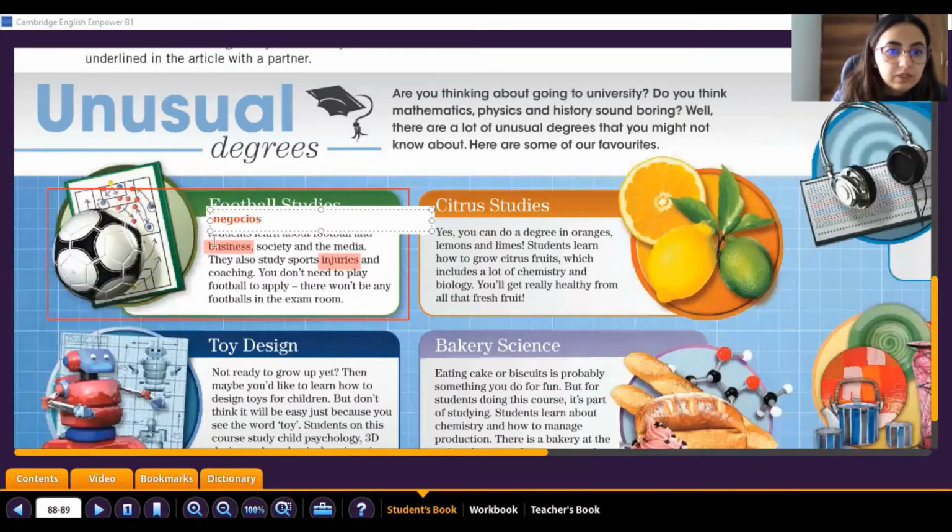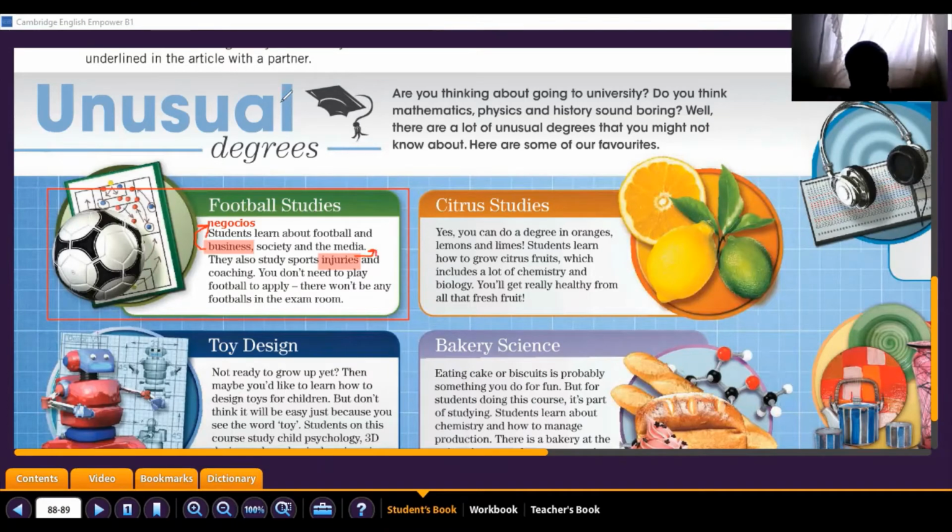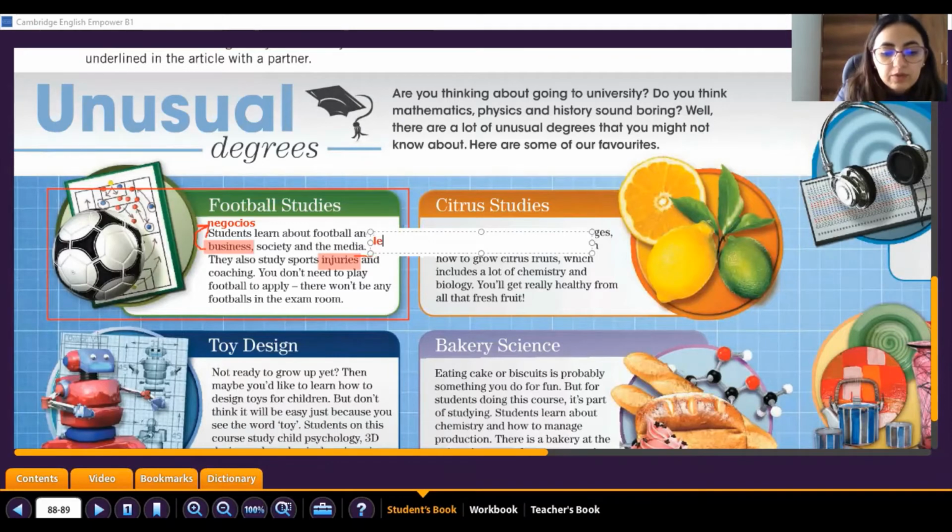Entonces ellos aprenden sobre el fútbol y también sobre los negocios, cómo hacer negocios. Sobre todo cuando tienen que negociar, ¿no? A los jugadores and things like that. So they have to learn about business. What about injuries? What do you think it's the meaning of this one? Lesiones. Exacto. Lesiones, ¿no? Lesiones deportivas. Good.